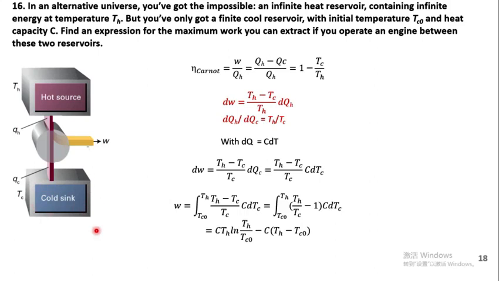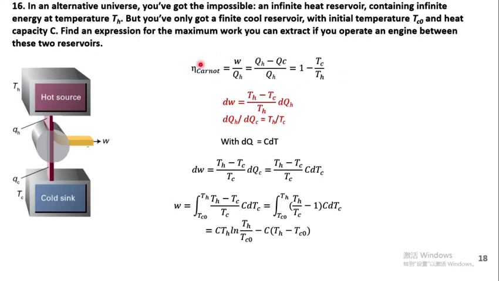Because the cold sink is not infinite, in the end the temperature of the cold sink will increase to the temperature of the hot source. The temperatures of the hot source and the cold sink will reach equality.